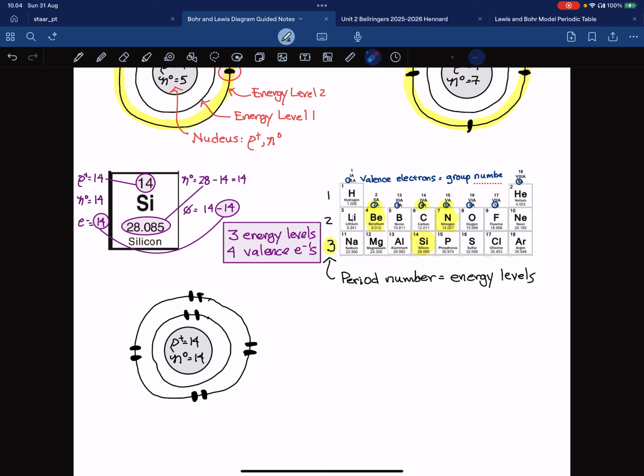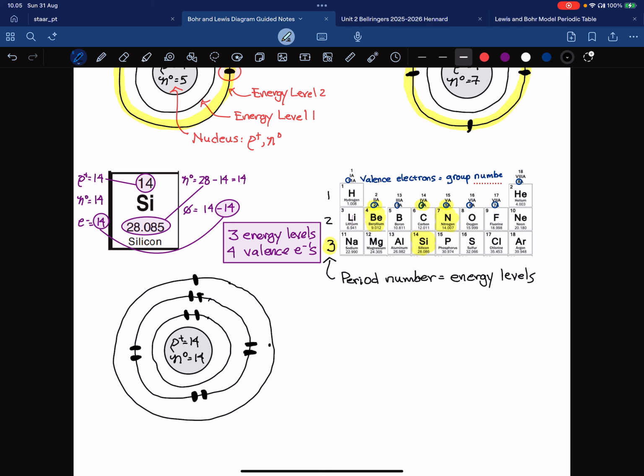Now we have a total of 10 electrons here, which puts us right about there at neon. We still have 4 more to go. So we put in our last orbit, our third energy level. We have 4 more electrons to go in there.